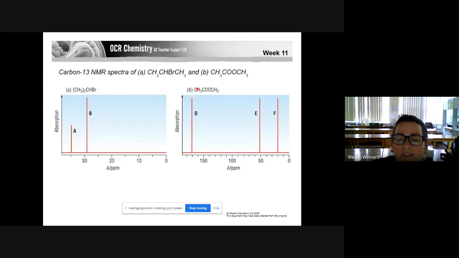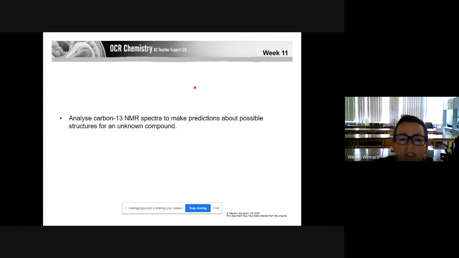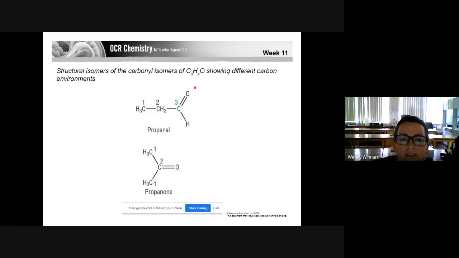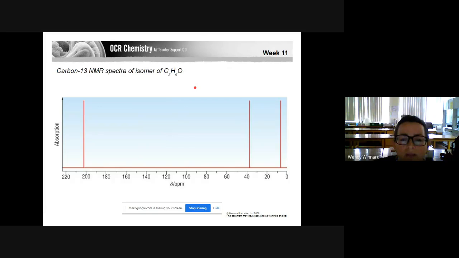Now, in our ester here, we can see we've got a carbon attached to an oxygen in this OCH3, and we've got another carbon attached to an oxygen here. We need to go to a data sheet, but this has clearly got 3 different carbon environments. So let's have a look at this one here, C3H6O.